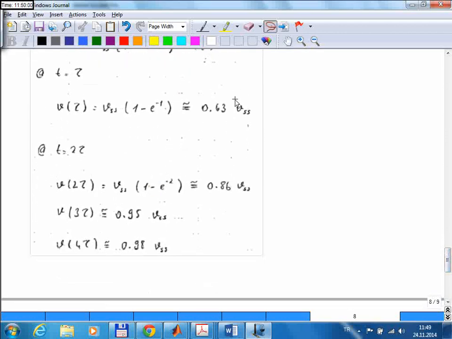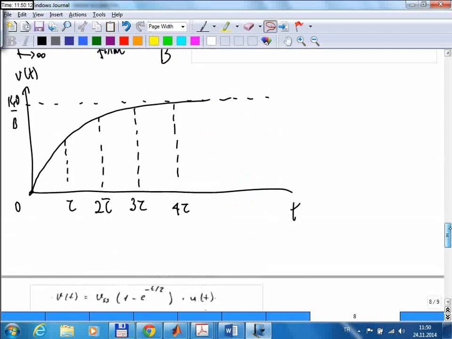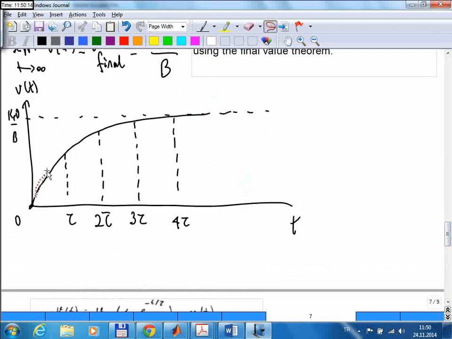For t equal to tau, the speed is 63% of the steady speed. At t equal to 2 tau, speed is at 86% of the steady speed. That means the speed changes according to this graph, right? It slowly, or asymptotically, approaches the steady value. So to make this complete, I can mark these.